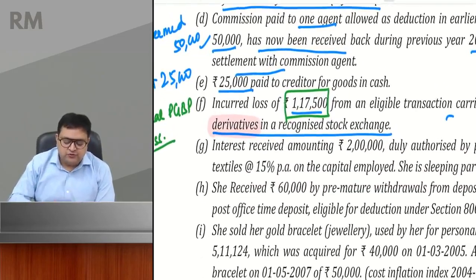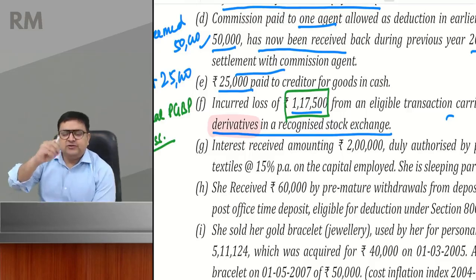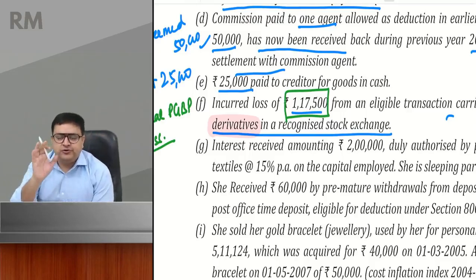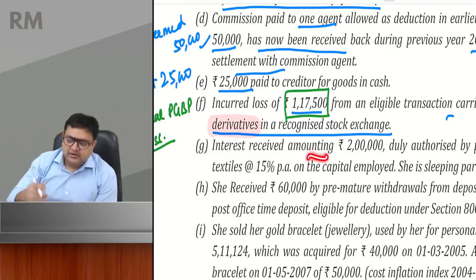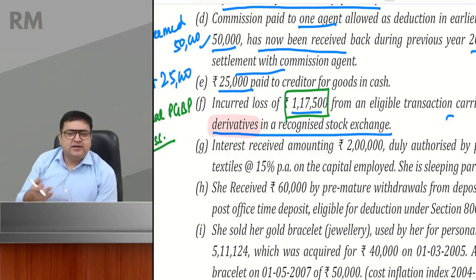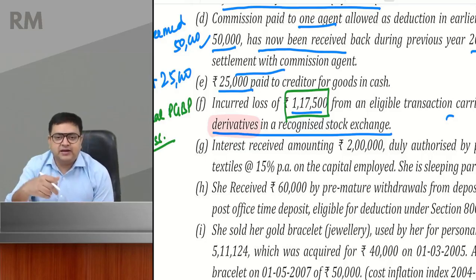Guys, I have told you, to everyone I have told you, even for the backlog students I have told you, that whether you are a sleeping partner or a working partner, doesn't matter, with regard to interest on capital, interest on capital is your income. Interest on capital is always your income.